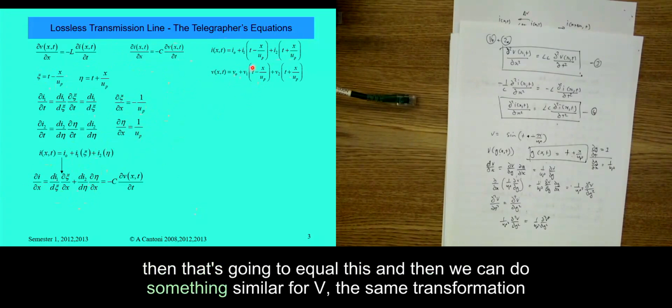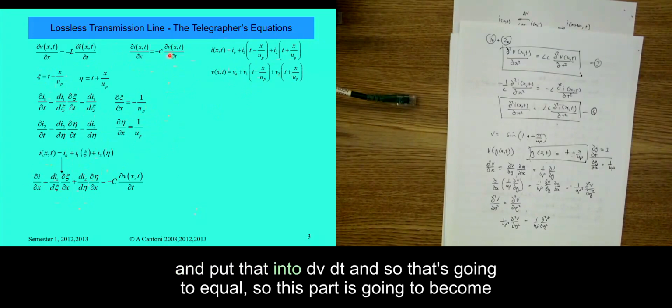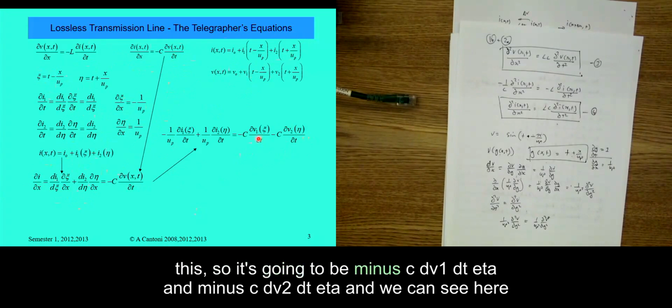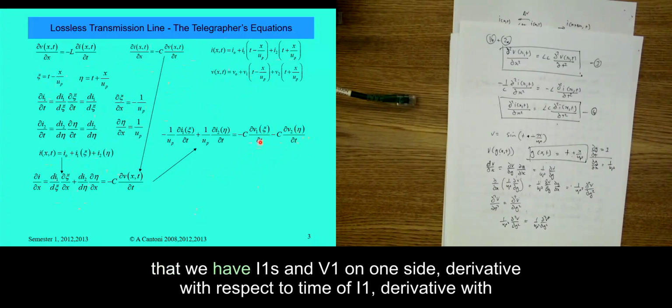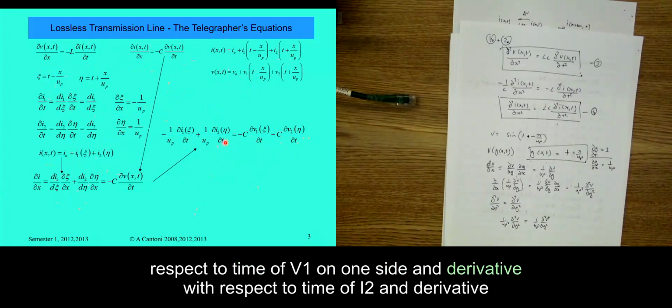Then we can do something similar for v: the same transformation for v, put into dv dt. So this part is going to become this, minus c dv1 dt in eta and minus c dv2 dt in eta. We can see here that we have I1 and V1 on one side, the derivative with respect to time of I1 and of V1, and on the other side the derivative with respect to time of I2 and of V2.